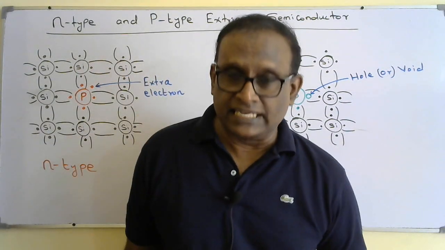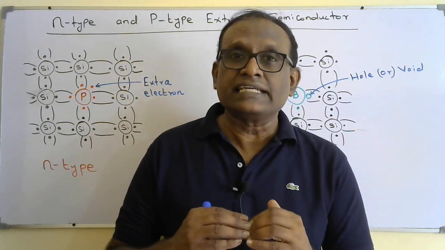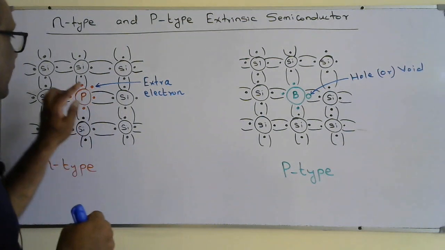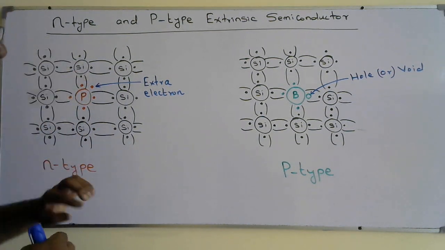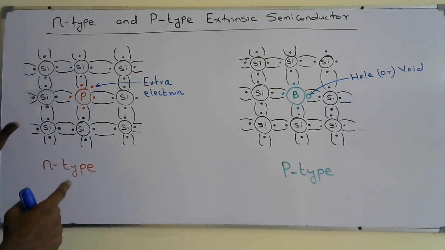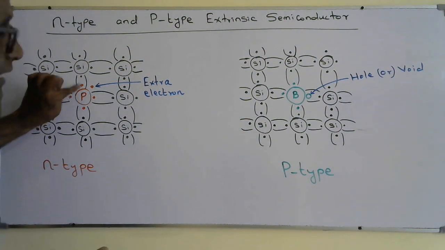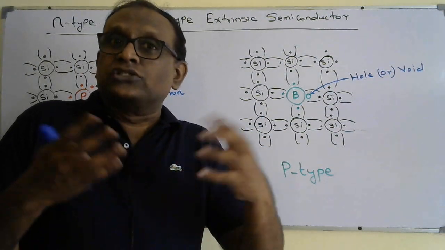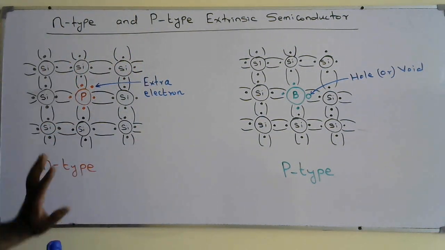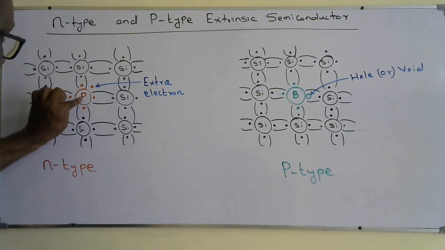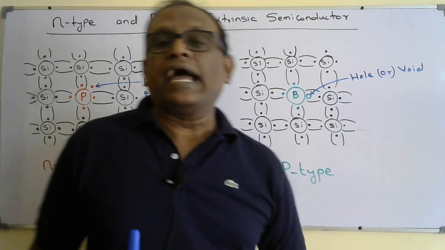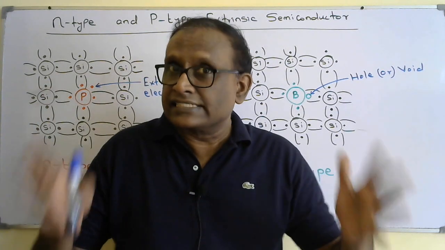This extra valence electron can be easily excited from the valence band to the conduction band even at room temperature, so it becomes part of the conduction electrons. In this diagram, compared to the intrinsic semiconductor lattice I drew earlier, only one silicon atom is replaced by a phosphorus. That one phosphorus atom will provide an extra electron to the conduction band of this extrinsic semiconductor.